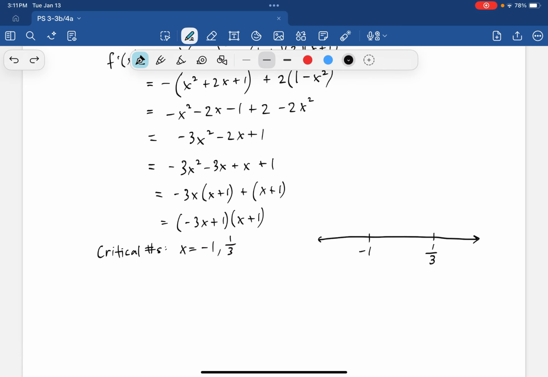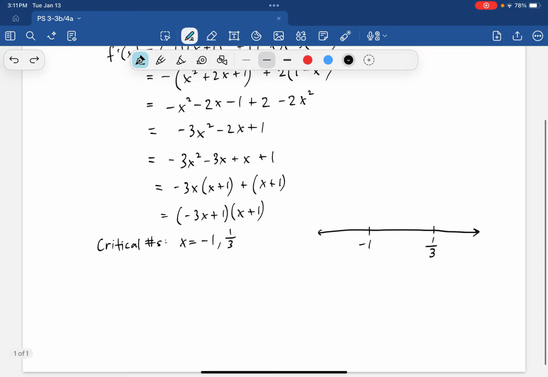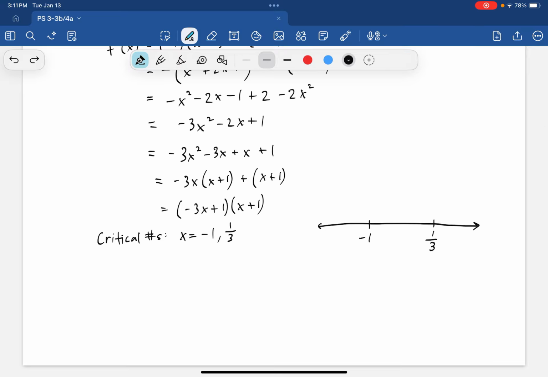I'll write it here. The first interval is -infinity to -1. Let's test x equals -2, because that's within the interval.